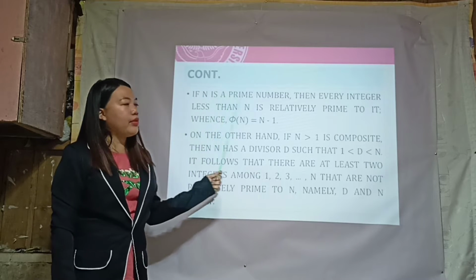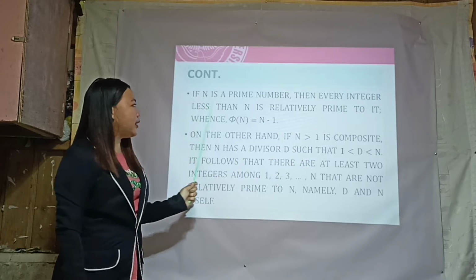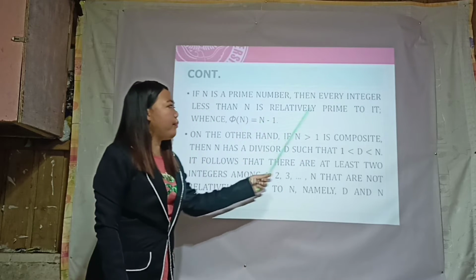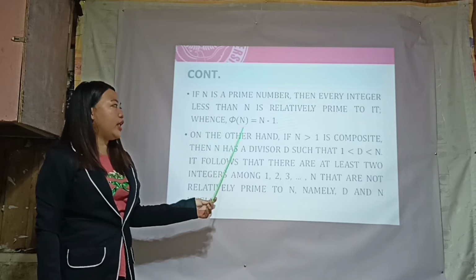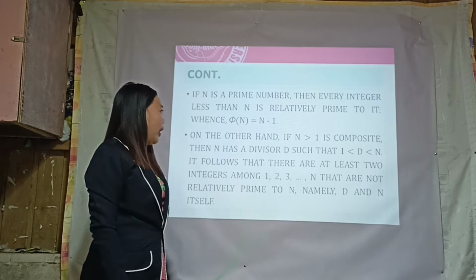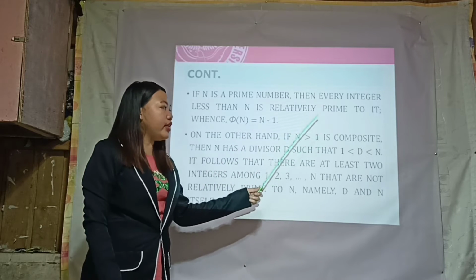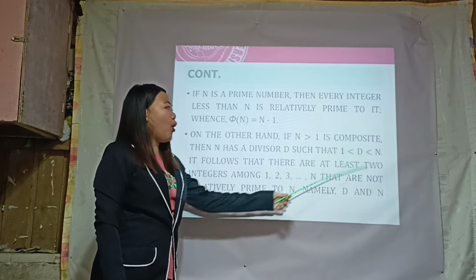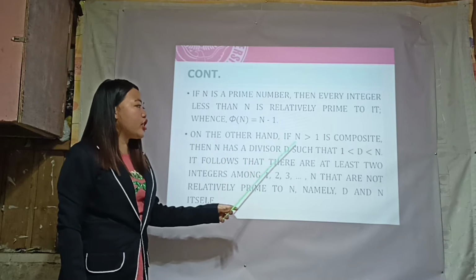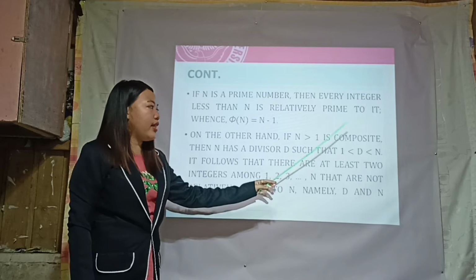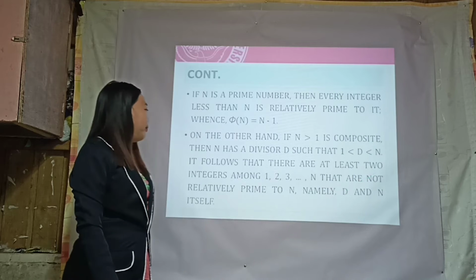If n is a prime number, then every integer less than n is relatively prime to it. Hence, phi of n is equal to n minus 1. On the other hand, if n greater than 1 is composite, then n has a divisor d such that 1 is less than d and d is less than n.